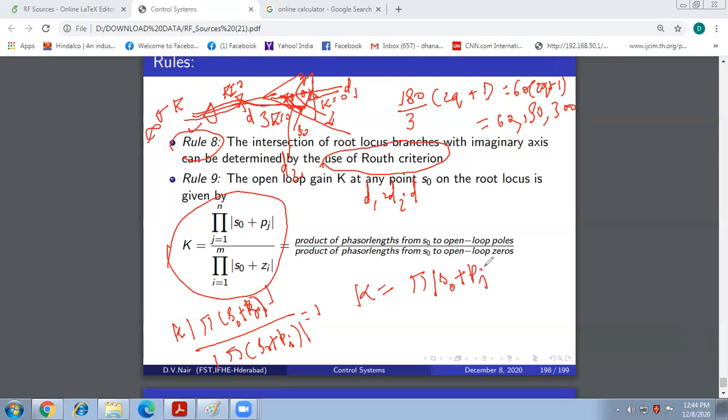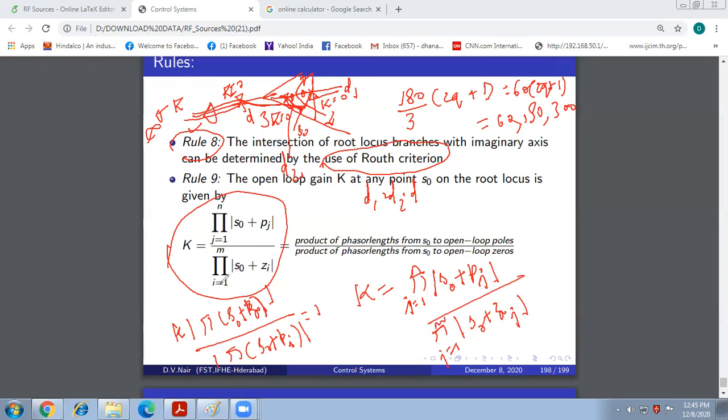So it is the product of magnitudes of the terms S naught plus p i, where i runs from 1 to n, divided by the product of magnitudes of the terms S naught plus z j, where j runs from 1 to m.